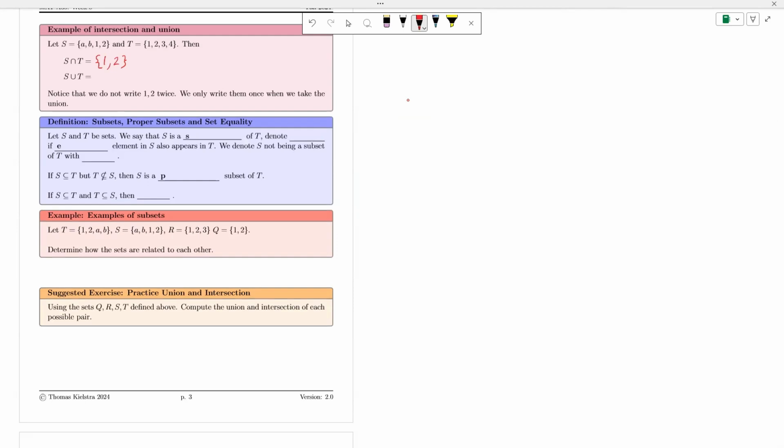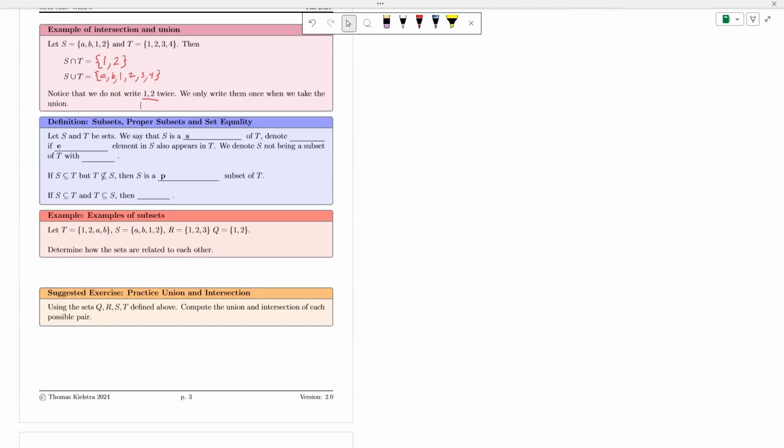The union is the set of elements that is contained in either set. So A is in S, B is in S, 1 is in both, 2 is in both, 3 and 4 are in T. Now notice that we do not write 1 or 2 twice. We have one representation for every element within our set. We don't repeat it.